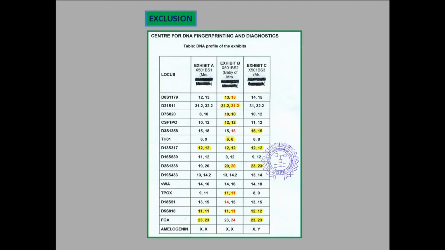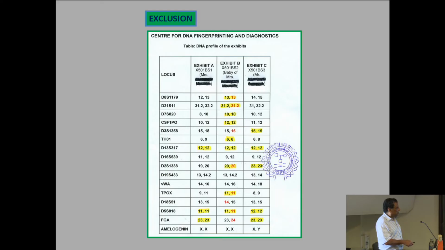Actually, the champion DNA profile that I found in CDFD was this one. Here was a case of paternity. There's Mrs. So-and-so and Mr. So-and-so, and this Mrs. So-and-so accused, from what I can remember, this person as having fathered the baby.